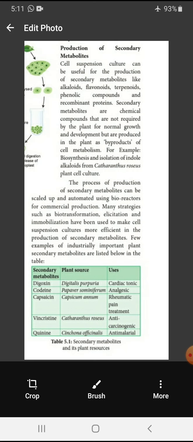The process of production of secondary metabolites can be scaled up and automated using bioreactors for commercial production. Many strategies such as biotransformation, elicitation, and immobilization have been used to make cell suspension culture more efficient in the production of secondary metabolites.